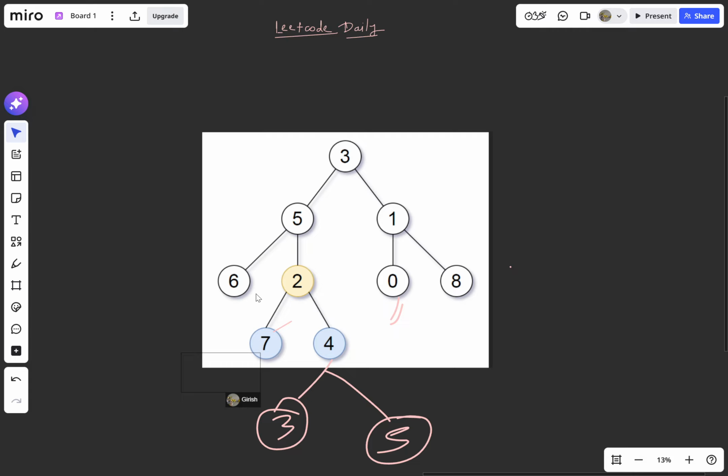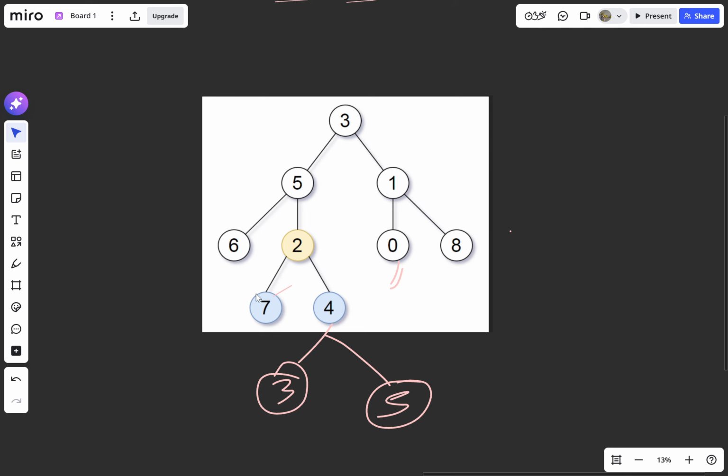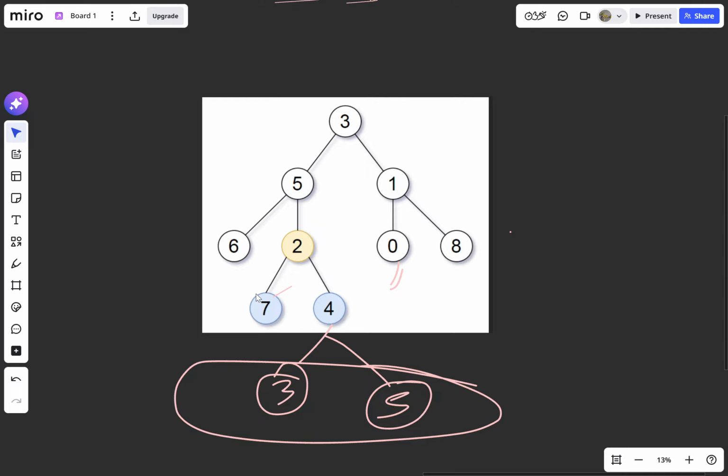In this example, we have 5 and 3 as the deepest nodes in this tree. We have to know the node which contains 5 and 3 as its child nodes, but that particular node should be the lowest node. So 4 will now be the lowest common ancestor for 3 and 5.